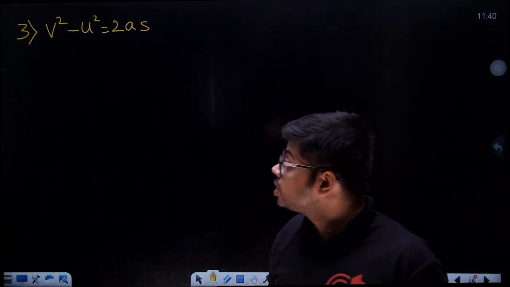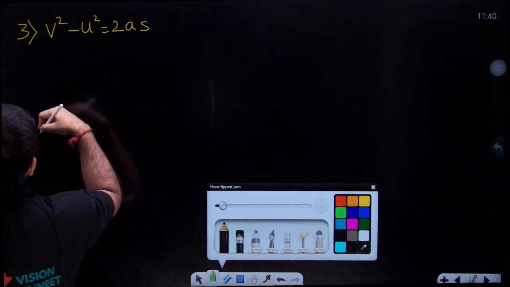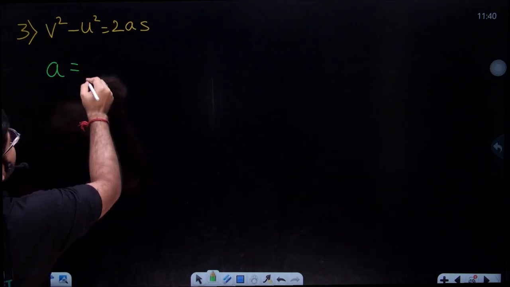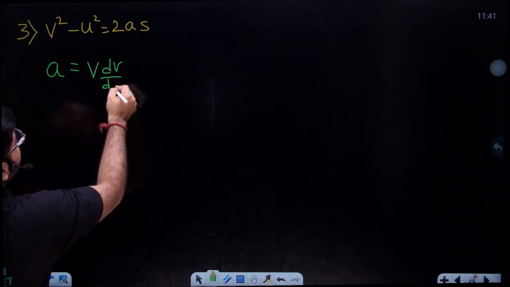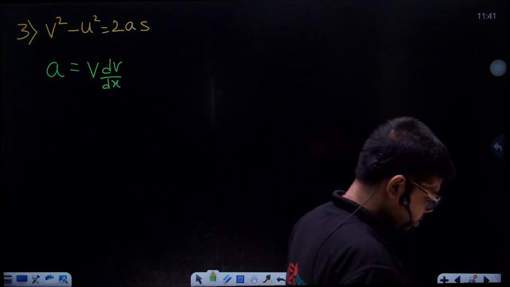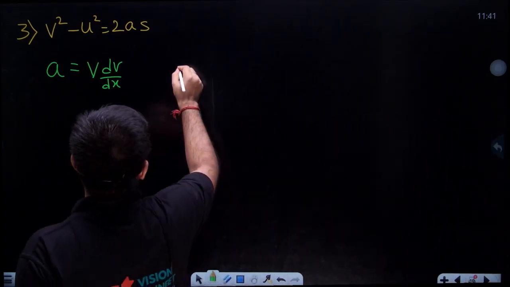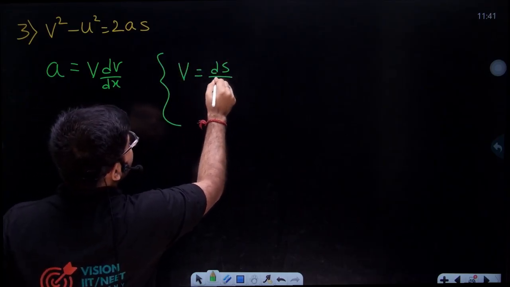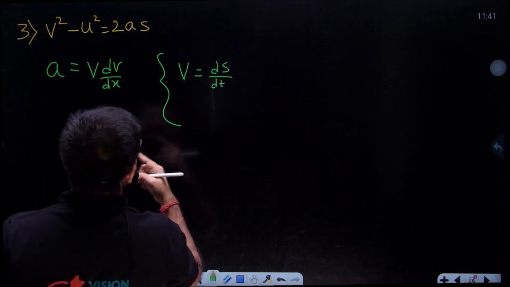Now, I can say acceleration to be v dv/dx. How? You see, what is v? Velocity. It is ds/dt, velocity is ds/dt.